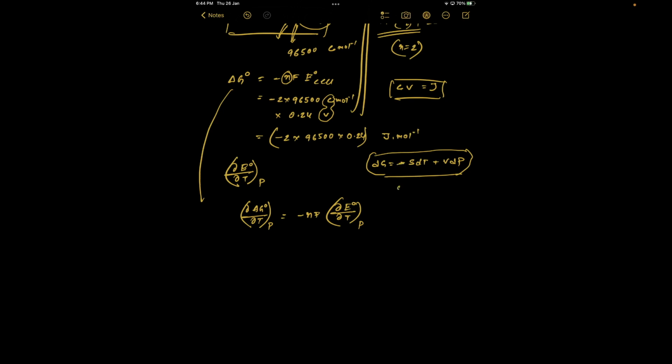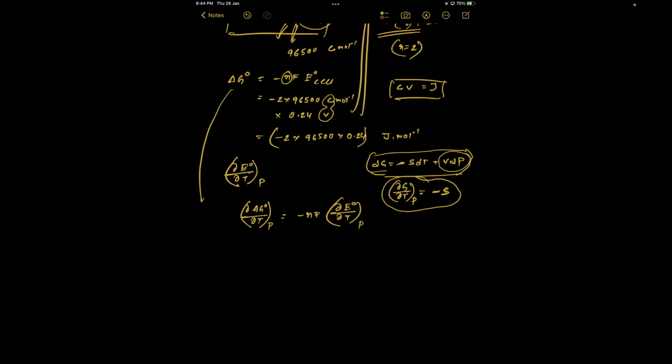Now if so, ∂G/∂T at constant P will be equal to minus S. Constant P means this term will be equal to 0, and if you just take the derivative with respect to dT, so dT will be equal to 1, and it will be equal to minus S. So ∂G/∂T at constant P equal to minus S.